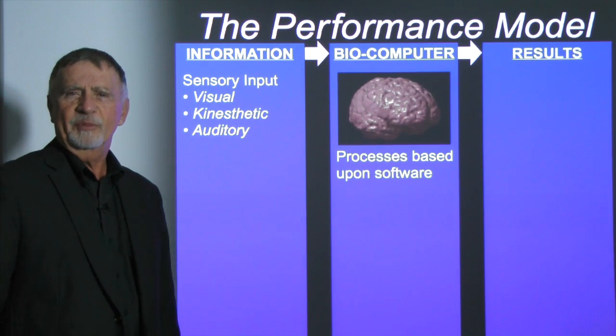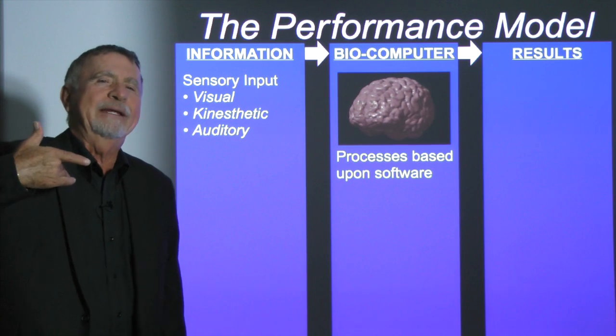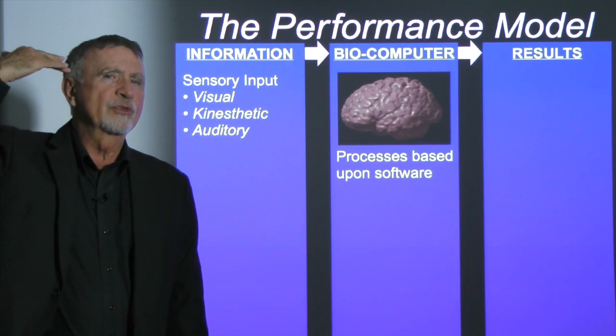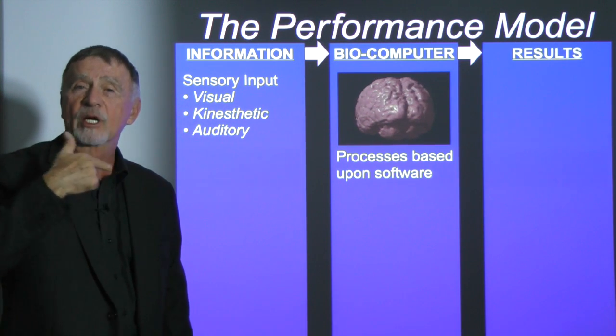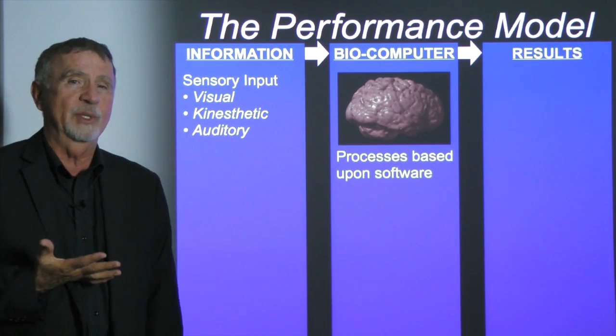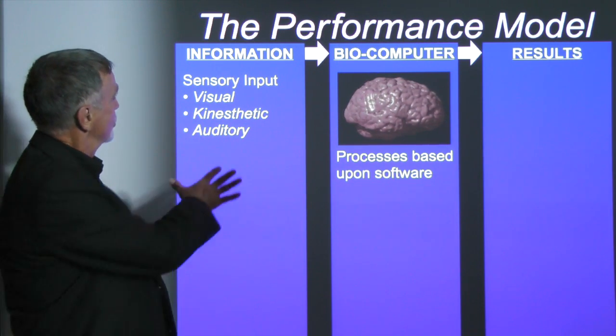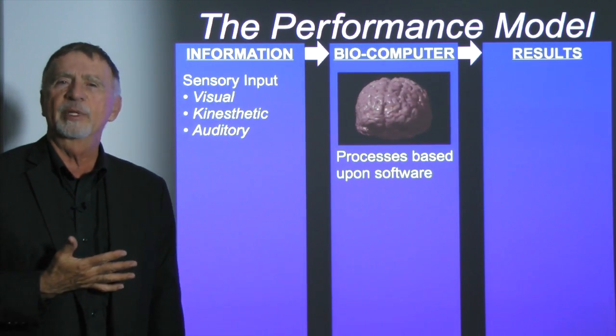So the proprioceptive system of the body feels that change of weight or movement, sends it through the nervous system of the body into the brain, and then we have some software in the brain to interpret what that information means.